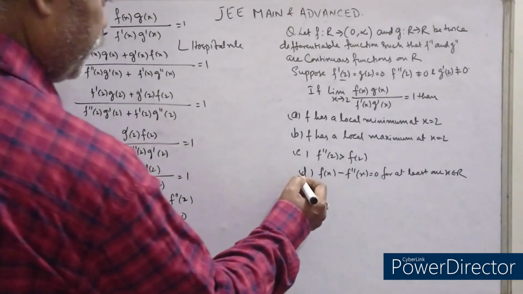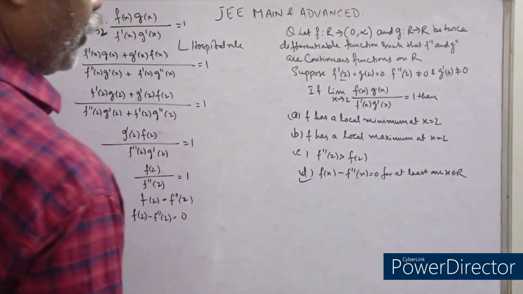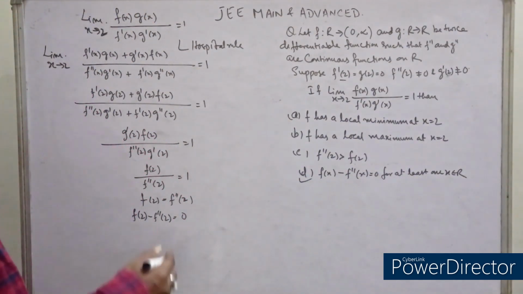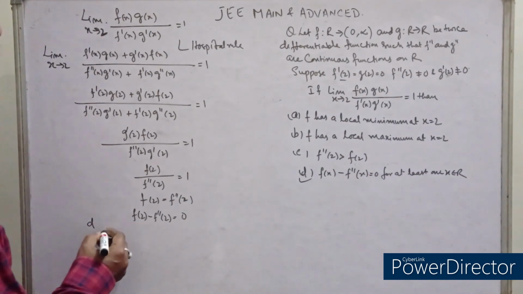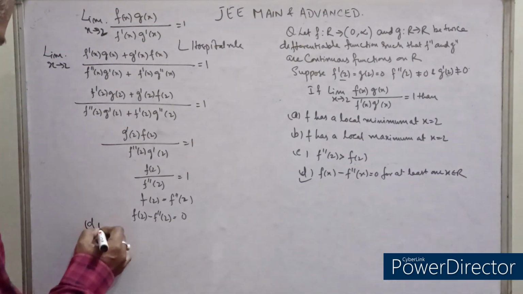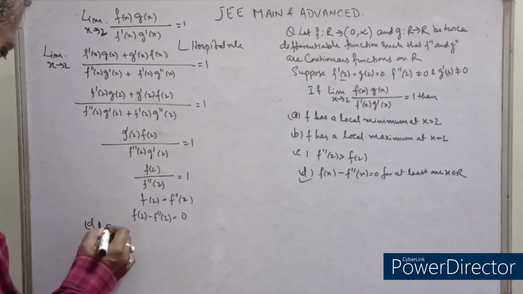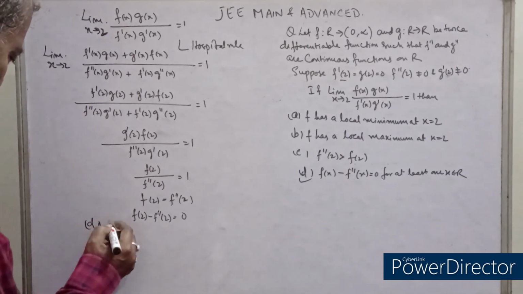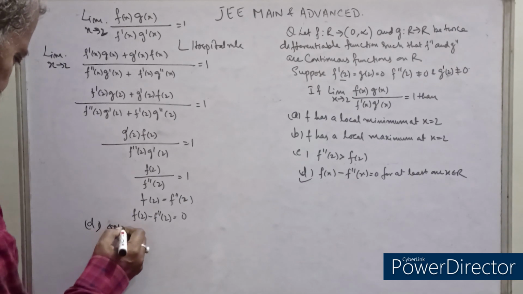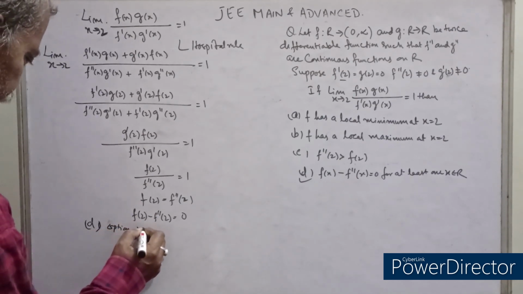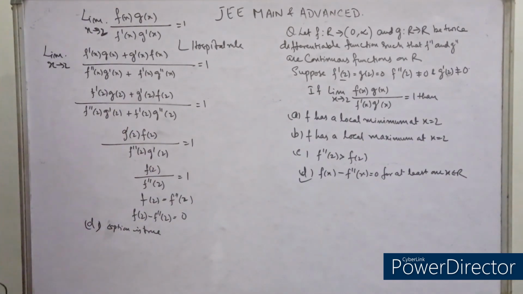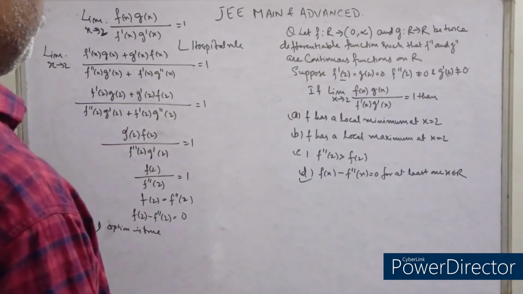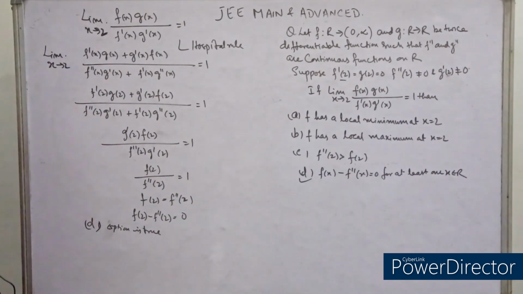So your D option is correct, at least for one value of x belonging to the real numbers. D option is true. This option is true for at least one x belonging to R. Here x is 2, so D option is true.